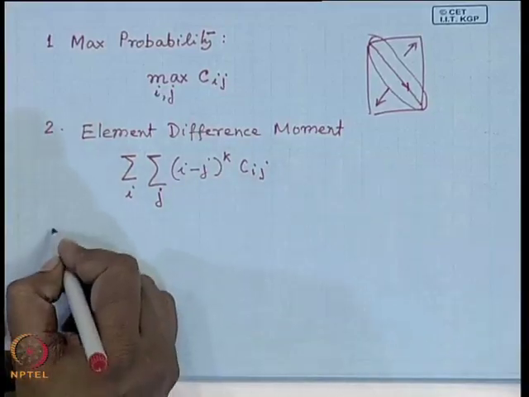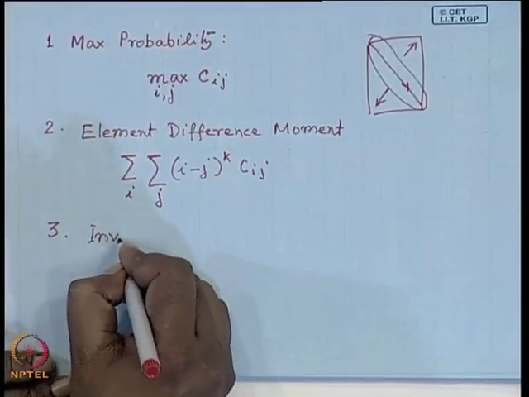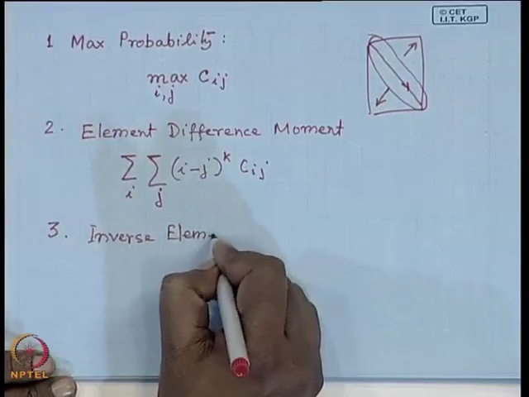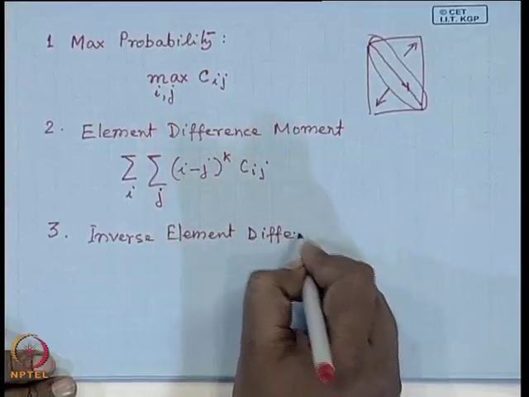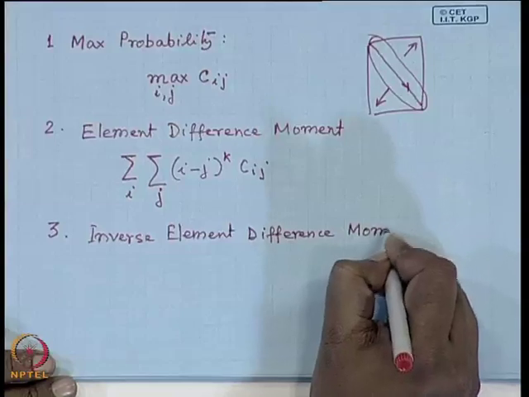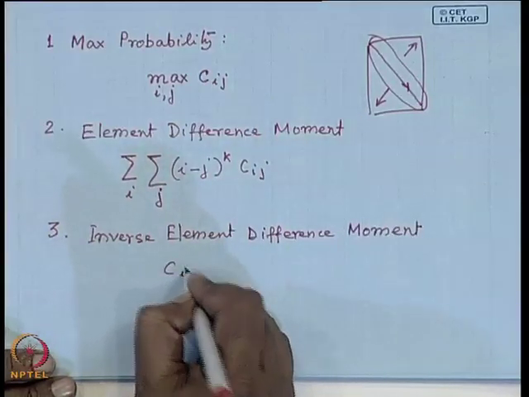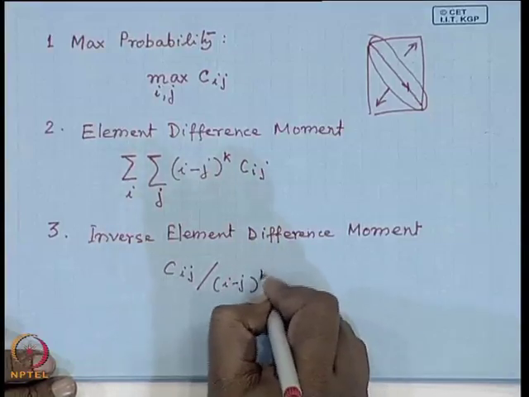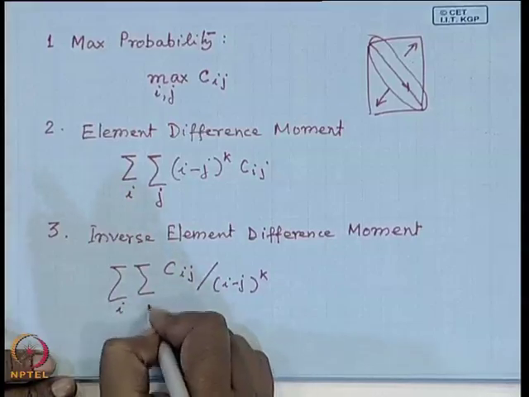The other can be just the inverse of this, which is called the inverse element difference moment. It is defined as Cij upon I minus j to the power k, taking the summation over I and j.